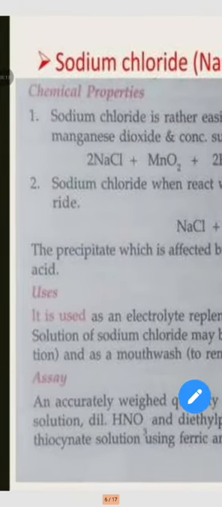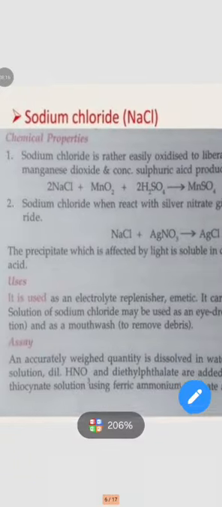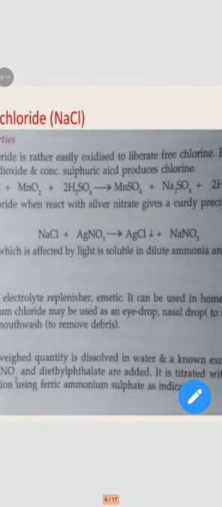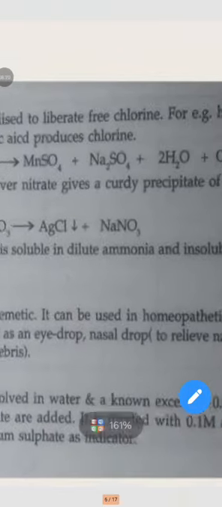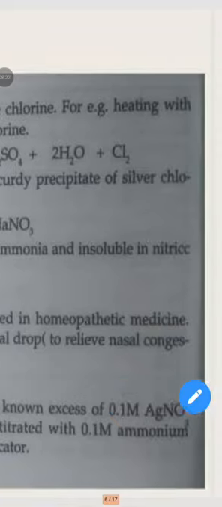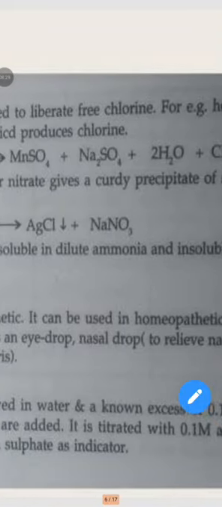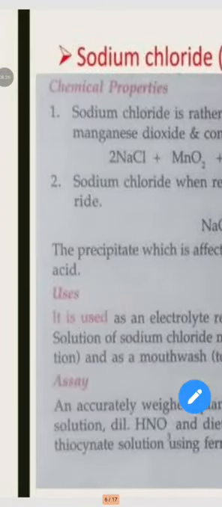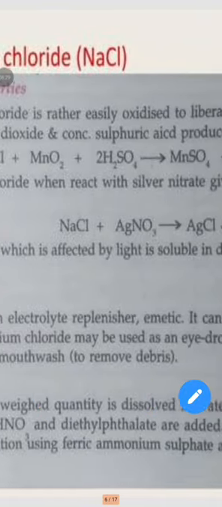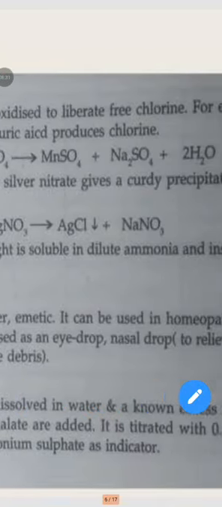Then assay. An accurately weighed quantity is dissolved in water, and a known excess of 0.1 molar silver nitrate solution, dilute HNO3 and diethyl phthalate are added.